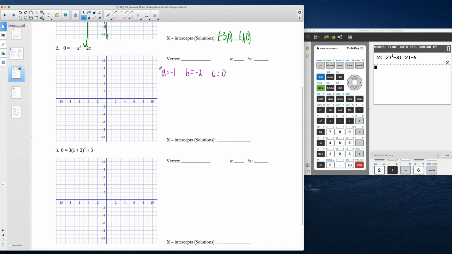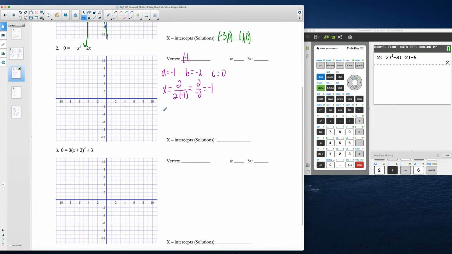So if we jump into our little formula to find our vertex, we have x equals the opposite of b, so that means we're going to have a positive 2 this time, divided by 2 times a. So that gives us 2 divided by negative 2, which is negative 1. So there's half of our vertex right there, so we get negative 1.